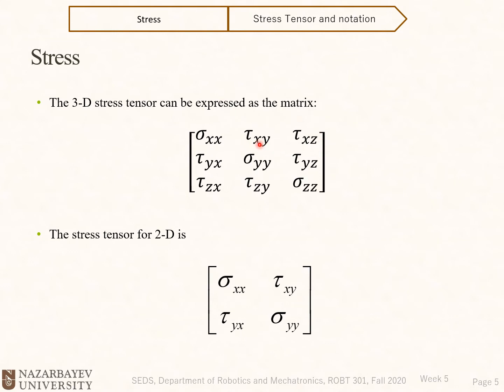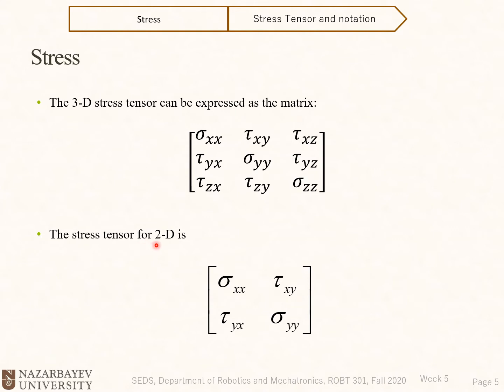You see that it starts with x, so we have it in the first row. Then we have tau yx and tau yz, and tau zx and tau zy. You see how we are organizing this tensor matrix of stress.